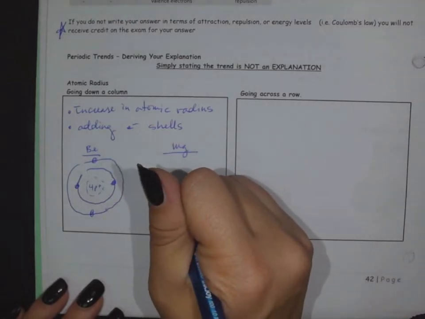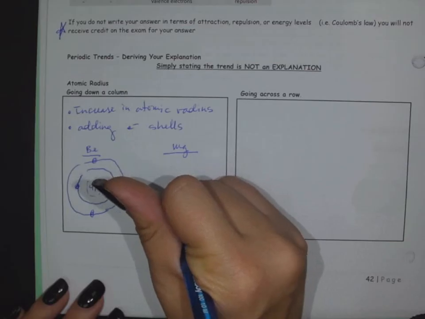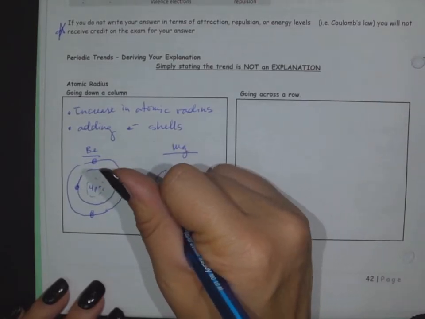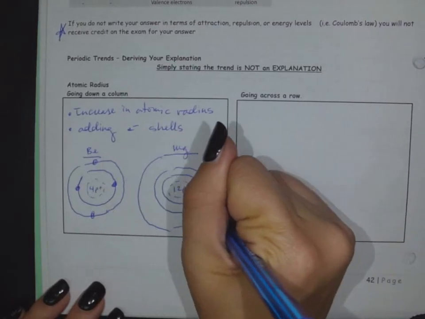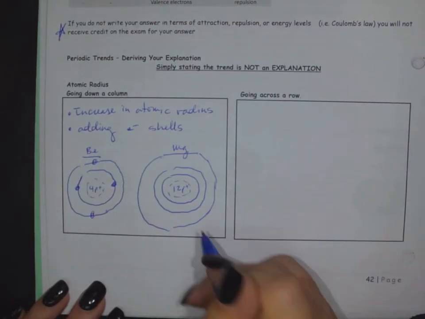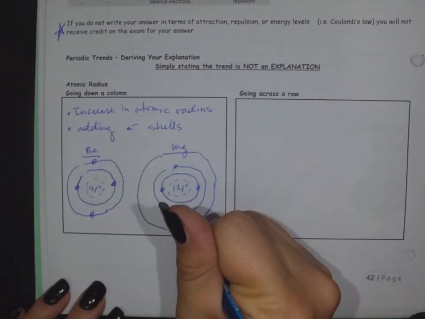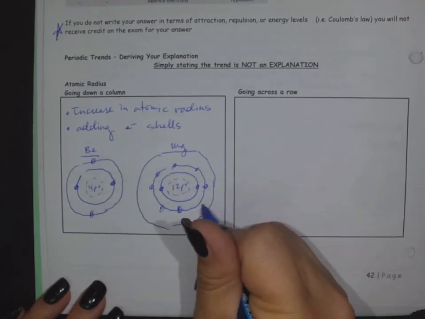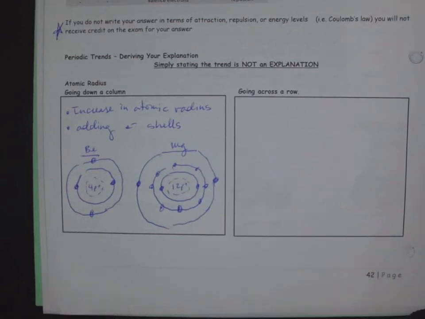So let's see. Magnesium has 12 protons in its nucleus. First energy level, second energy level, and then our third energy level. The first energy level has 2 electrons, the second energy level has 8 electrons, and the third has 2 electrons. Same number of valence electrons because they're in the same group.